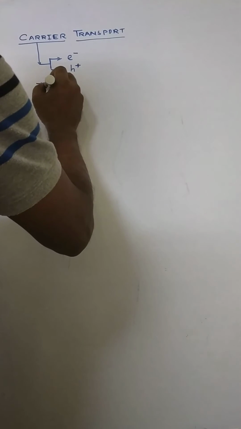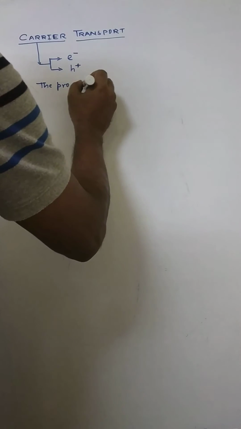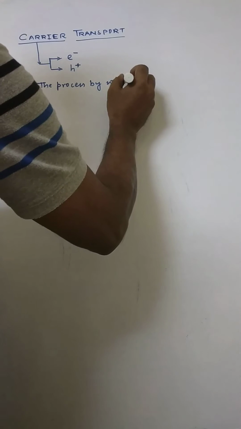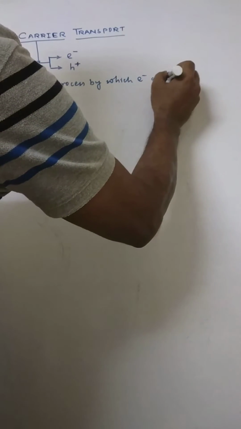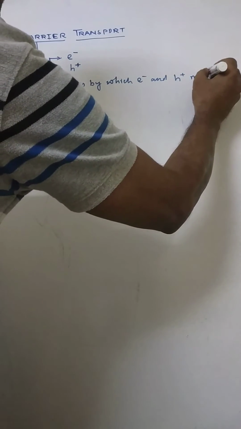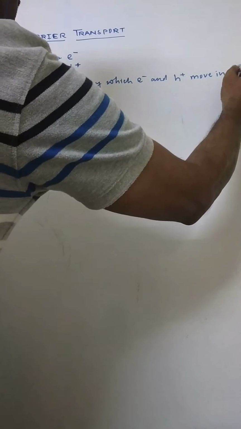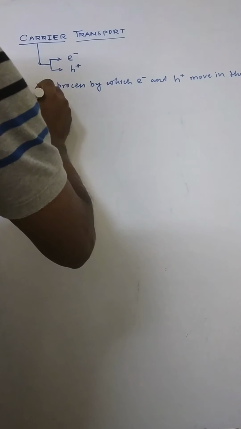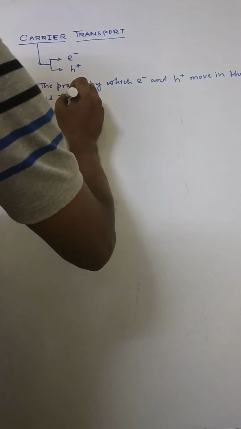The process by which electrons and holes move in the semiconductor is called transport.